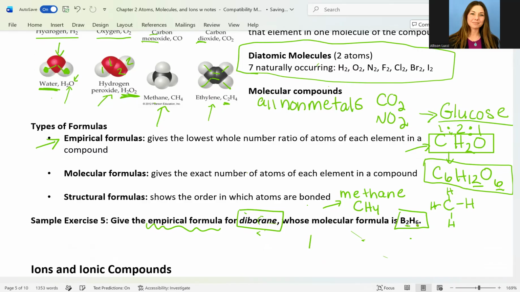So for every 1 boron, right, we would have a ratio of 1. We have 6, or for every 2 borons, we have 6 hydrogens. So for every 1, we would see a 3 ratio here. So BH3 would be the empirical formula for diborane, B2H6.